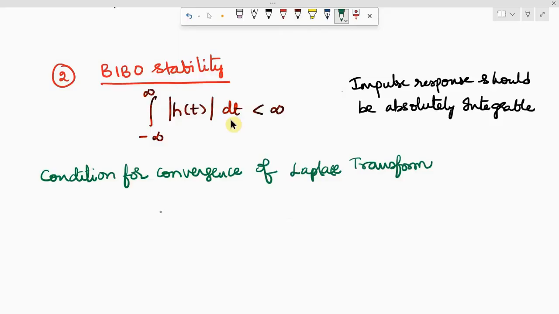The convergence depends on what? Is it the real part of s or the imaginary part of s? Real part of it, sir. Yeah. And the condition we wrote earlier is the integral of h of t e power of minus sigma t dt should be less than infinity. Do you remember this condition?